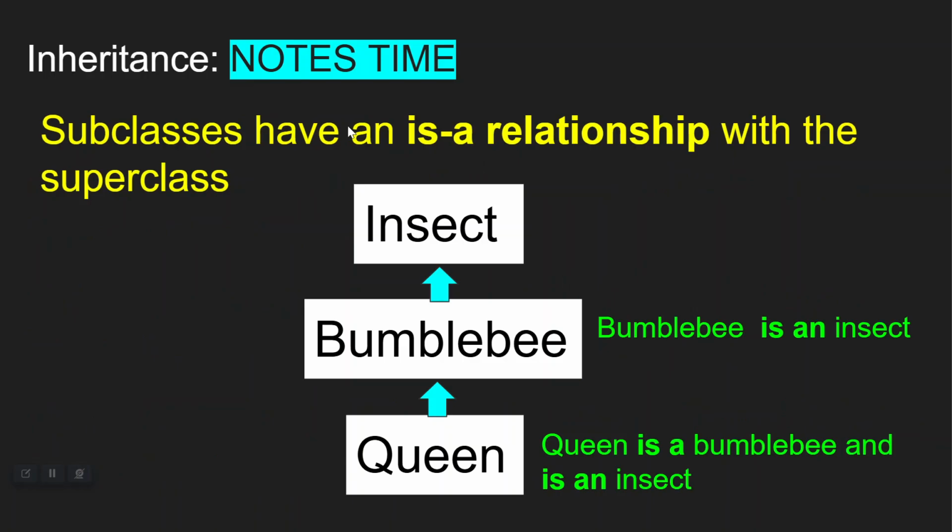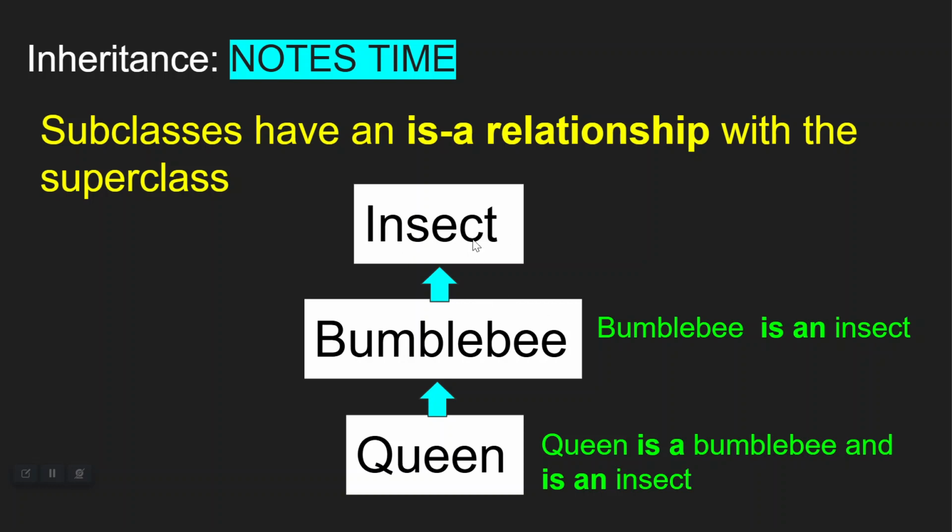And then when we get into inheritance, we always talk about what's called an is-a relationship. One way to make sure that you're doing it correctly is that subclasses have an is-a relationship with the superclass. So in other words, Bumblebee is an insect.